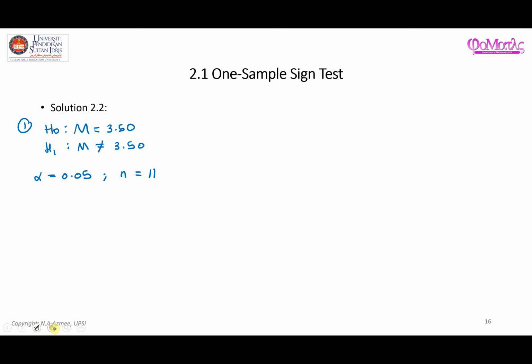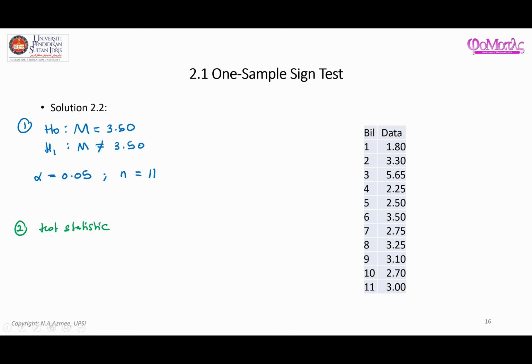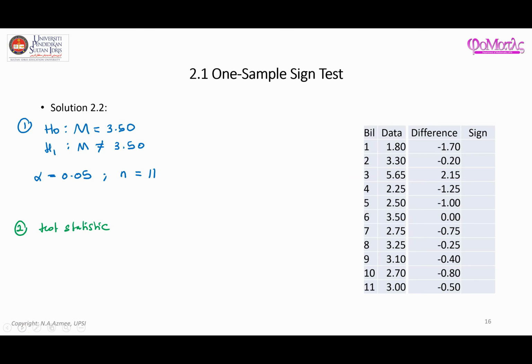So the next part is to consider calculating the test statistic. Now look at our data. Here is our data, and this is the difference that you need to find for each value in your data set.